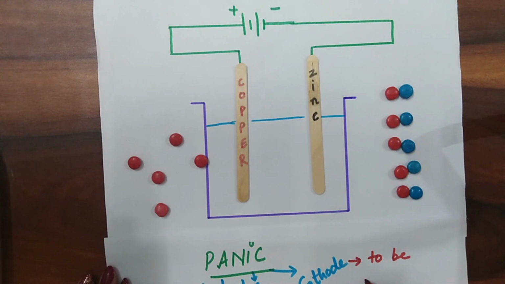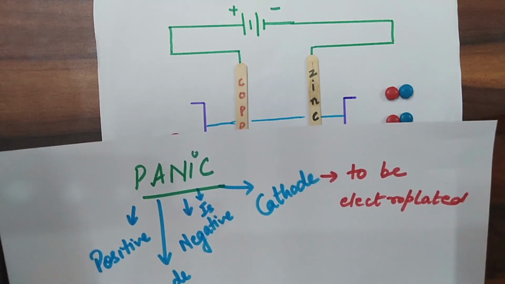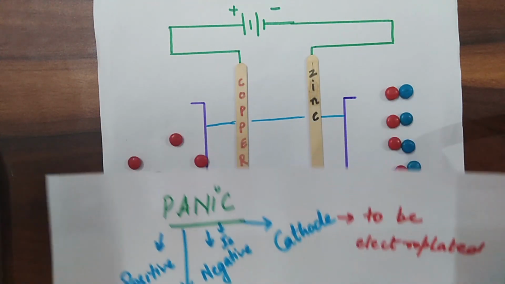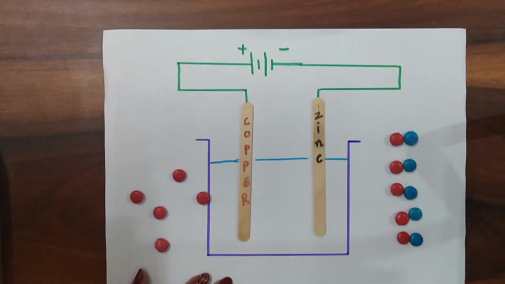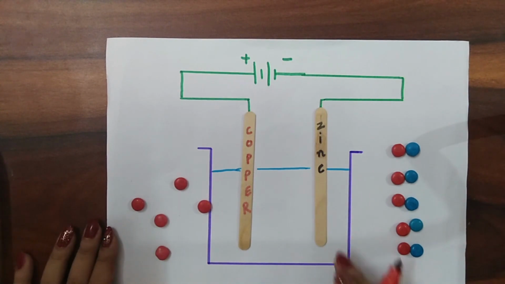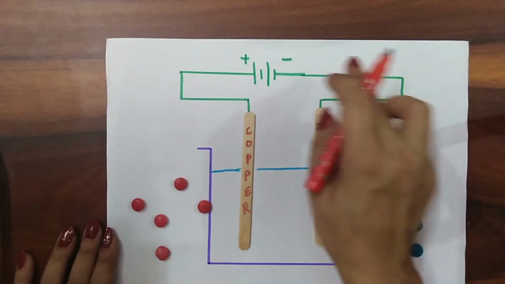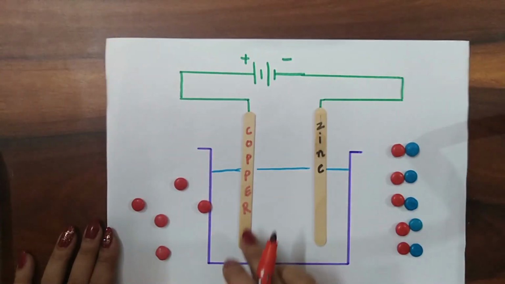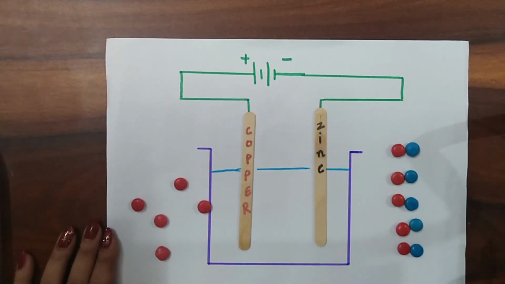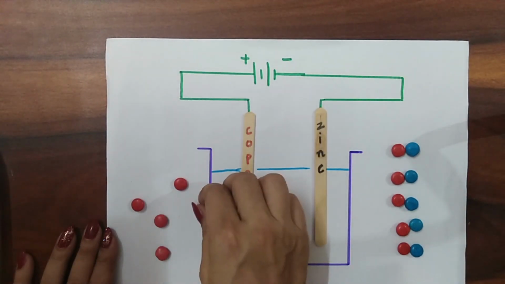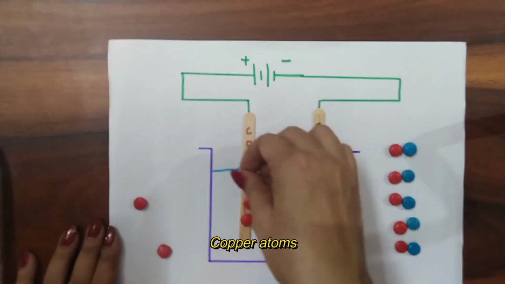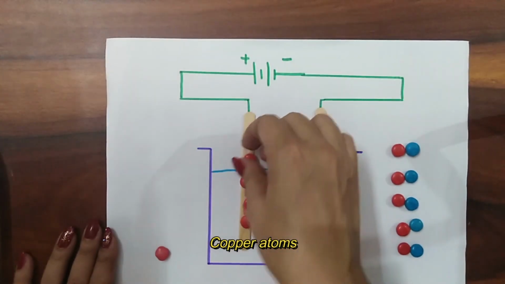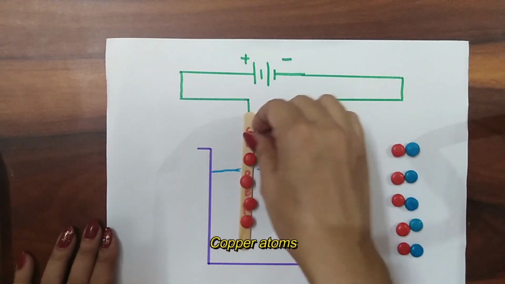So cathode is the electrode which needs to be electroplated, and the other should be made as anode. So as you can clearly see here, zinc has been made cathode and copper plate has been made anode. And I am assuming as if these are the copper atoms which are present in this copper plate.